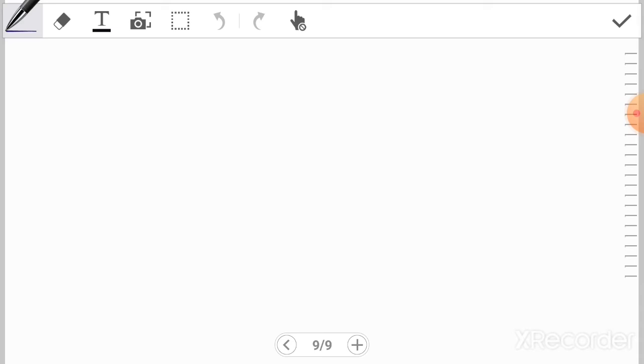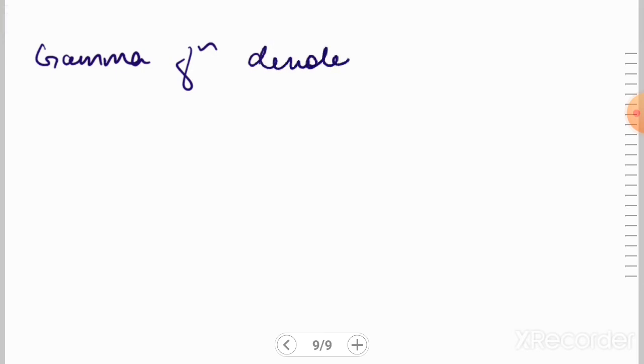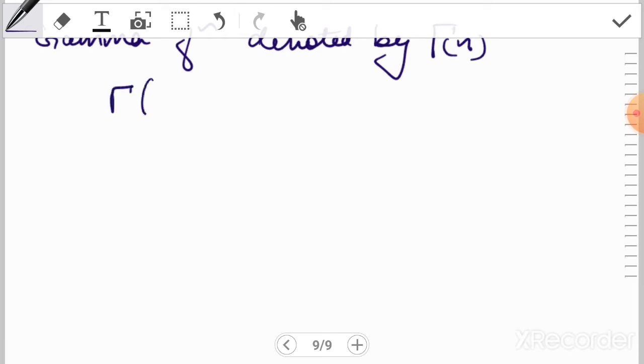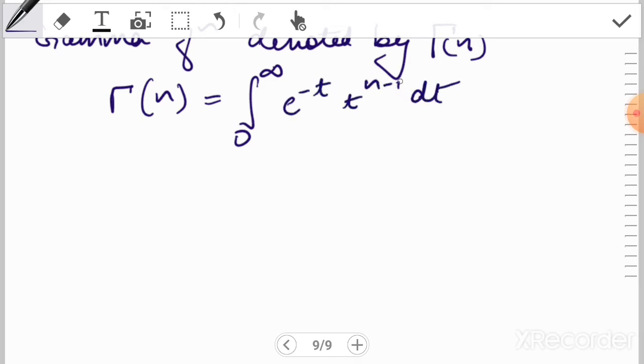Let me discuss the gamma function with you. The gamma function is denoted by gamma(n), and this is an improper integral: the integral from 0 to infinity of e^(-t) t^(n-1) dt.